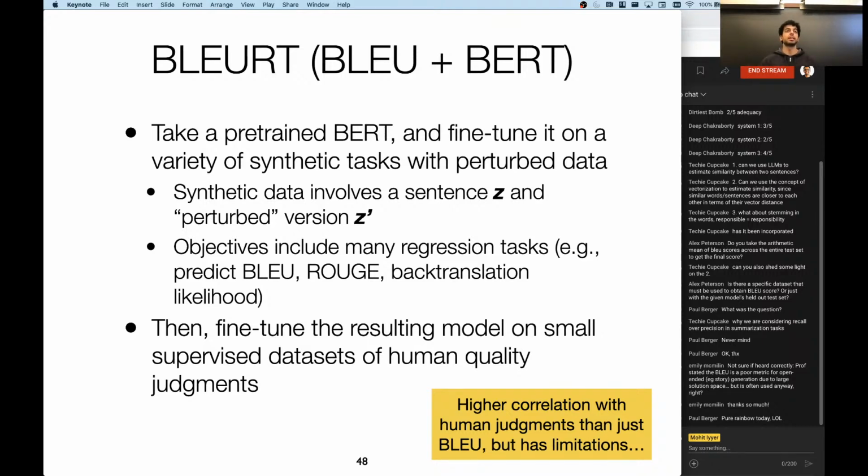There are things like multilingual BERT, which have been trained on many different languages at once, not just English. And then they will fine-tune this model on all of the human judgments that they have. And even if they haven't observed, say, Japanese to Polish translation before, people still use them, and they seem to be somewhat meaningful for these unobserved language directions. So there's some generalization going on, even if the model hasn't seen human judgments for that task.